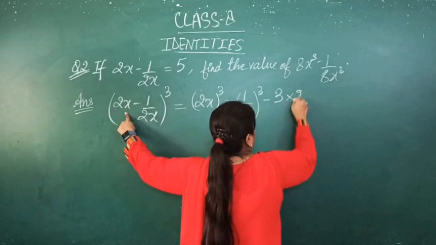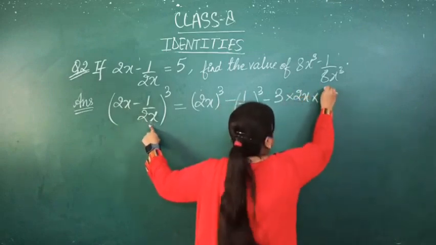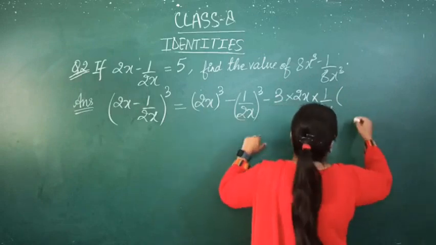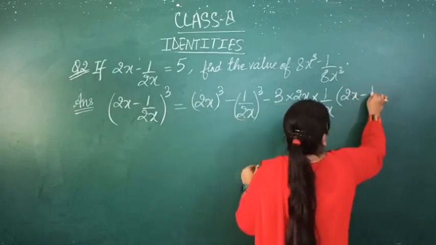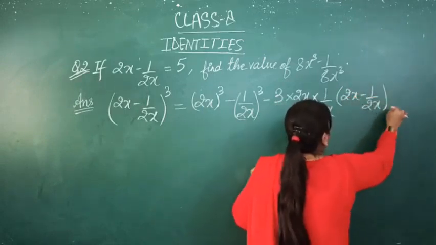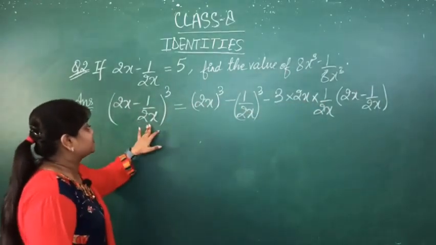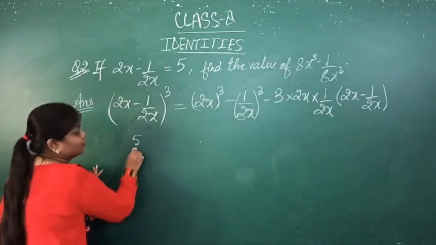A is 2x and b is 1 upon 2x. Whole bracket a minus b, that is 2x minus 1 upon 2x. Here 2x minus 1 upon 2x is equal to 5.